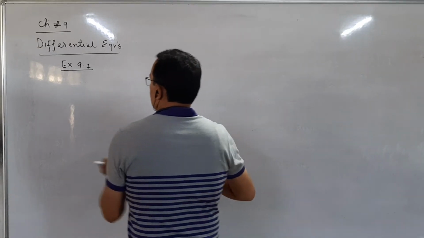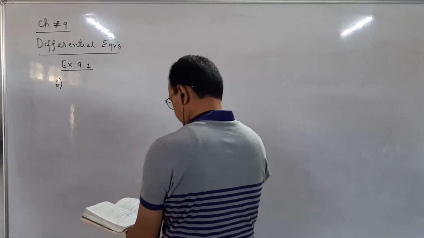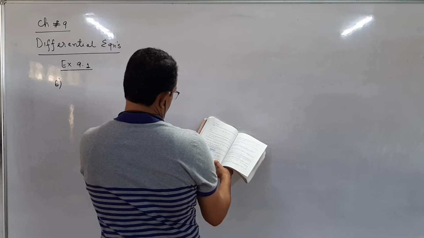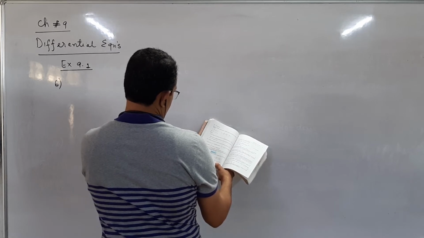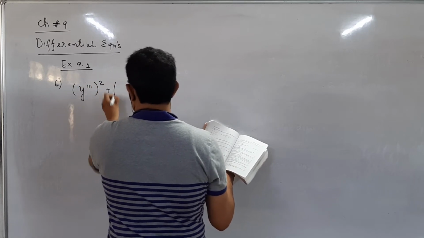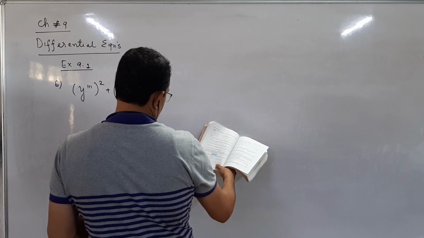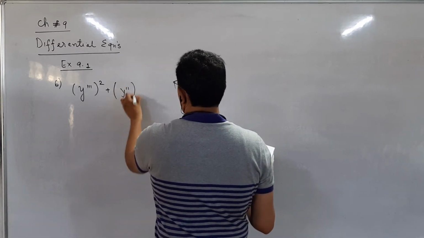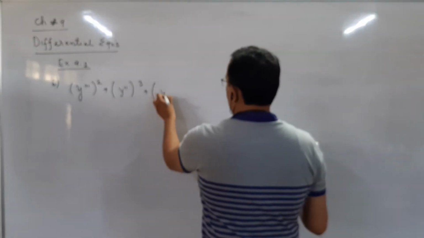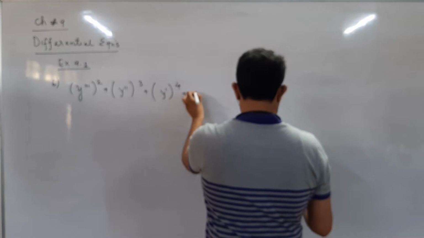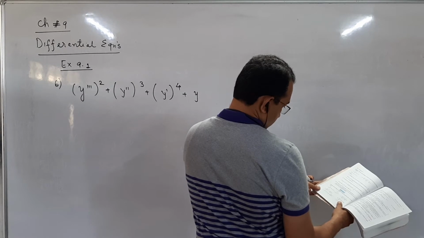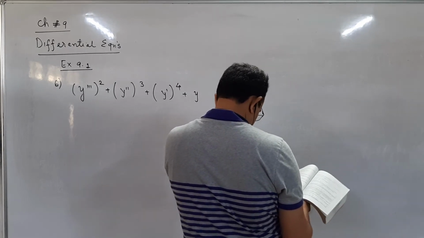Let us write the differential equation. It is y triple dash square plus y double dash cube plus y dash raised to 4 plus y raised to, I'm not able to see this carefully.